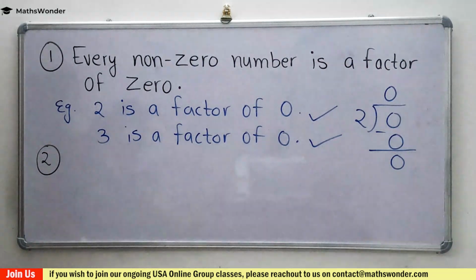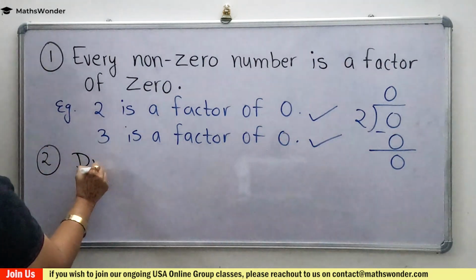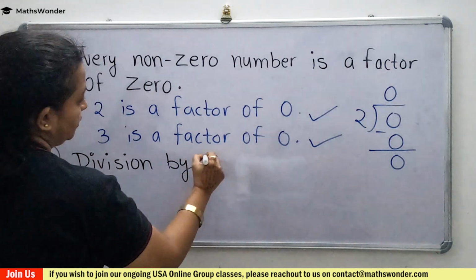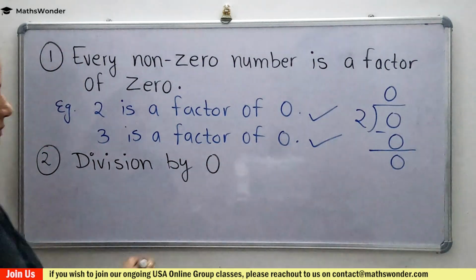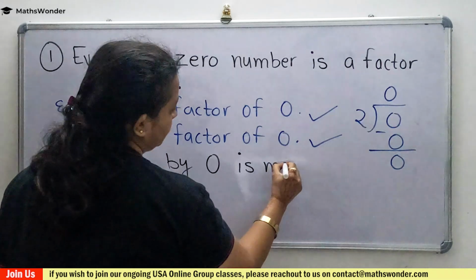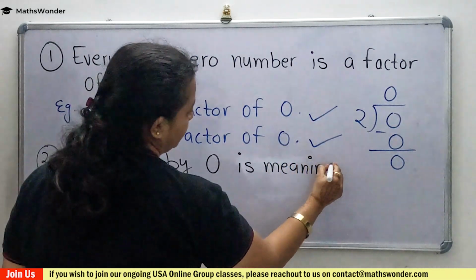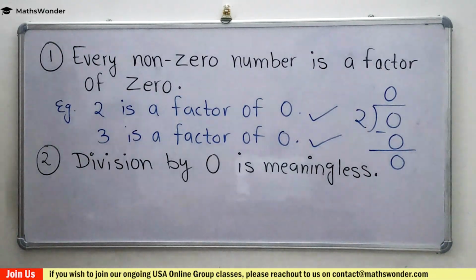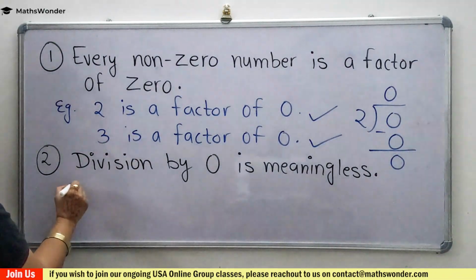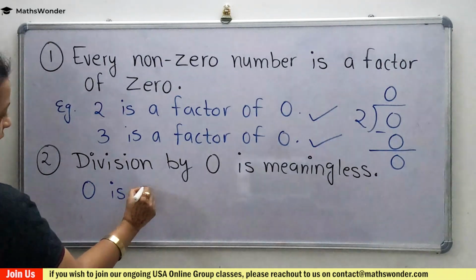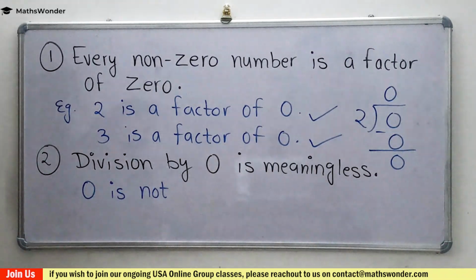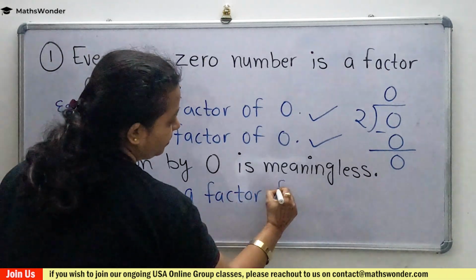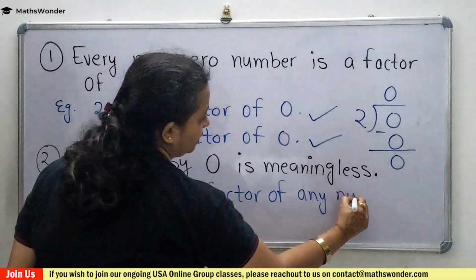Division by 0 is meaningless. What is the meaning? 0 is not a factor of any number.